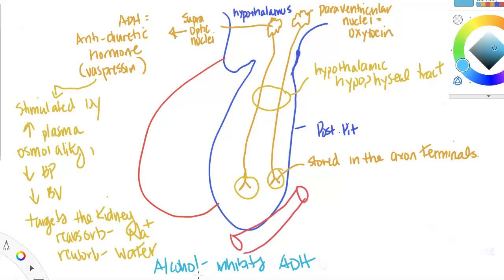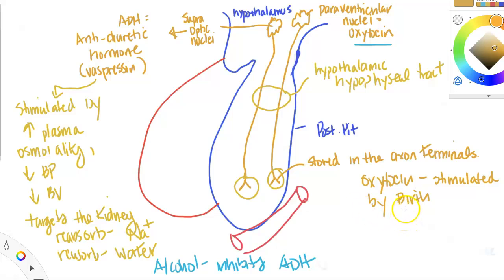All right, oxytocin. Almost forgot about that. So oxytocin is stimulated by birth, which means basically it's stimulated by the stretch of the cervix during the birth process.